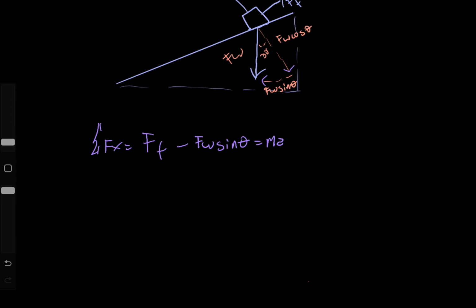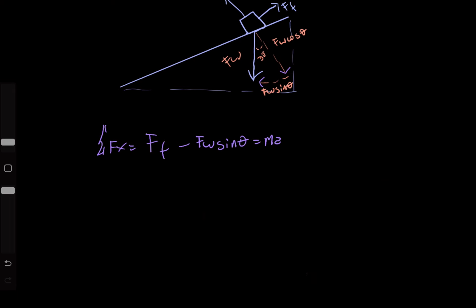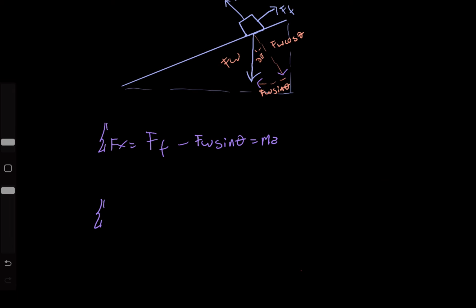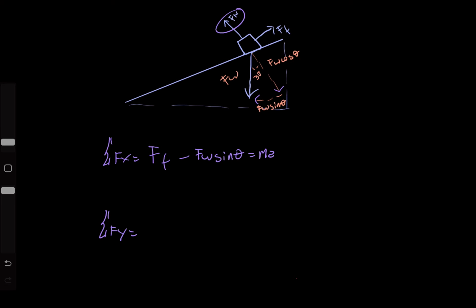And then we want to do our net forces in the y. So we have normal force, which is positive, and then we have the force of weight cosine theta, which is negative. And there's no acceleration in the y, so that would just be 0.